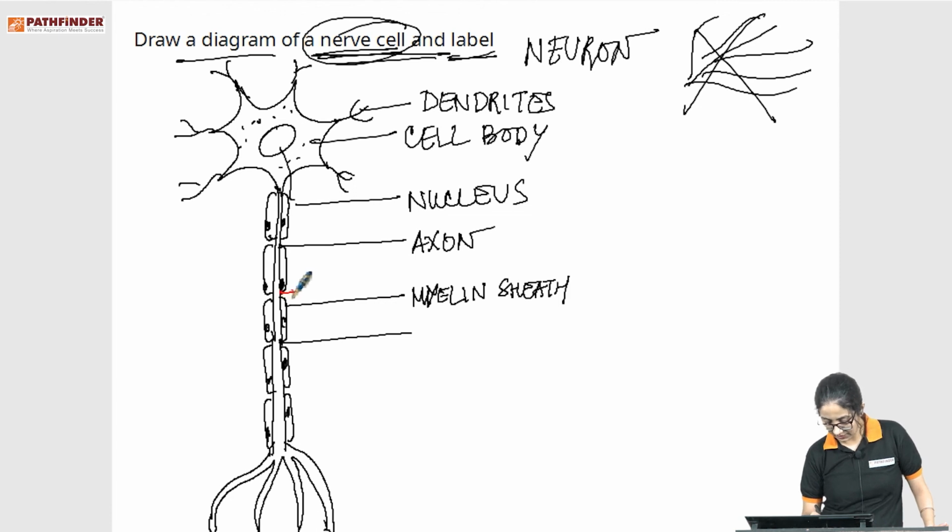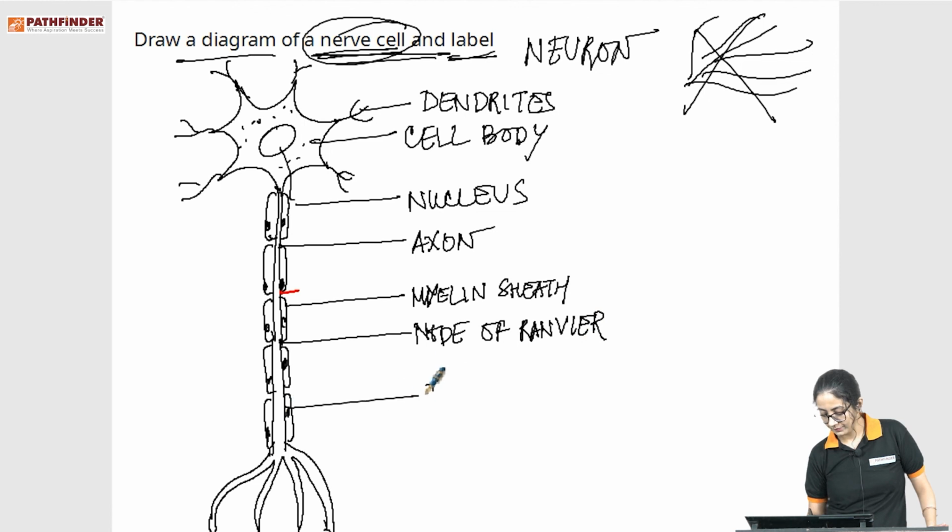Yes, this part where two myelin sheaths are absent, the discontinuous part, you will mark as node of Ranvier. Then you have the Schwann cells, and then you have the axon terminals. You can also write them as nerve terminals.